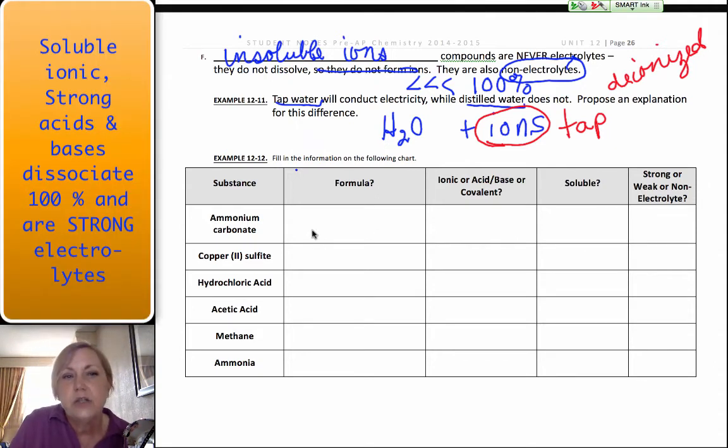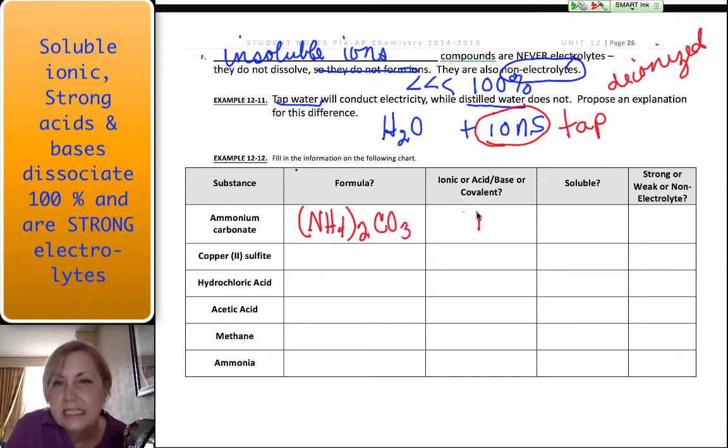Okay, let's take a look at a few of these to see if they conduct. We have ammonium carbonate. You've got to know the difference between ammonium and ammonia. Carbonate's 2-, so we need 2 of those. It is ionic. It is soluble. So I have a soluble ionic.